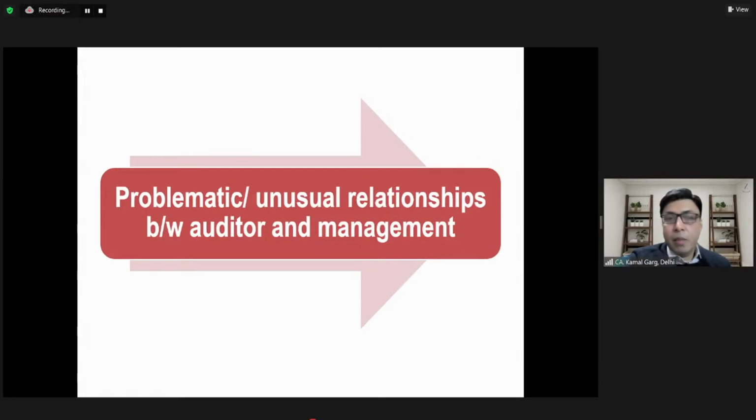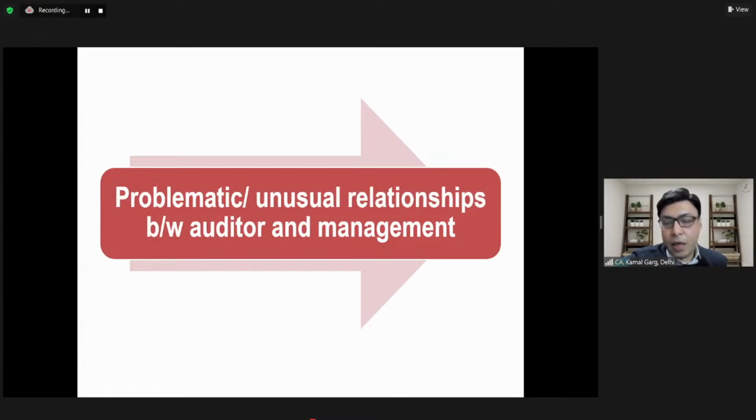So institute says, because of some problematic or unusual relationships between auditor and the management, difficulties may arise during the audit, due to which misstatements may not be identified and certain frauds and errors still may remain in the financial statements. So institute has given some elements of those problematic relationships, but institute has not given any examples.